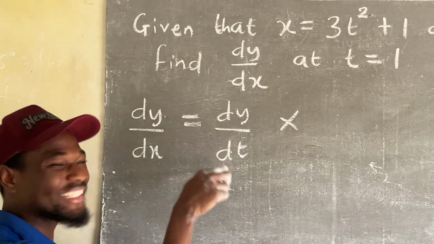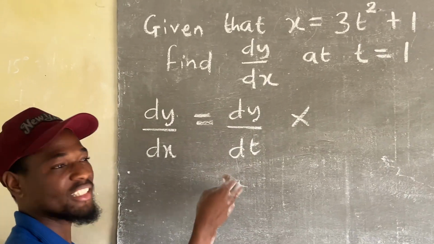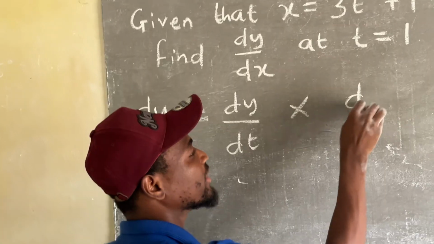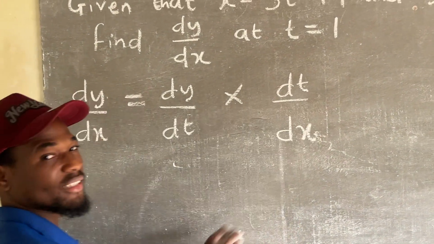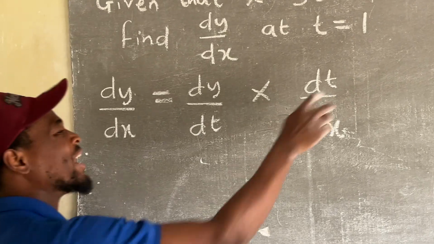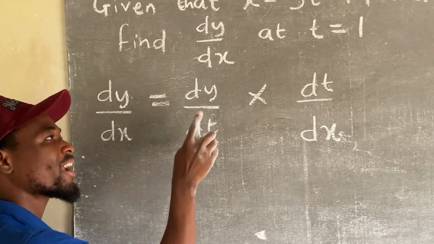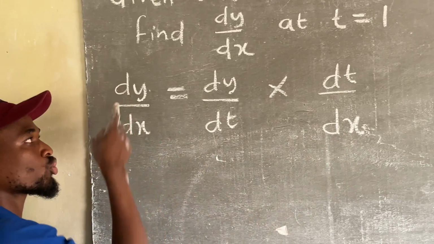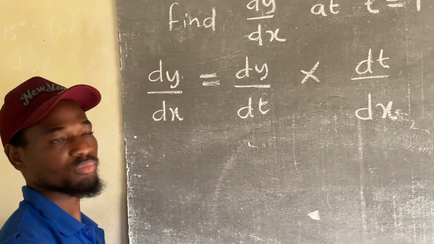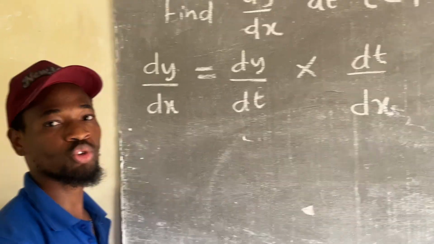So I begin with dt, then over dx, so that when dt cancels out dt, I have dy over dx, which corresponds to the subject. What are we supposed to do?